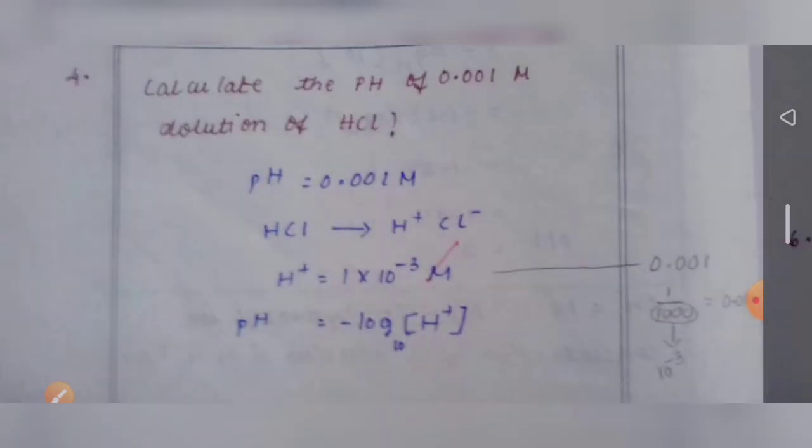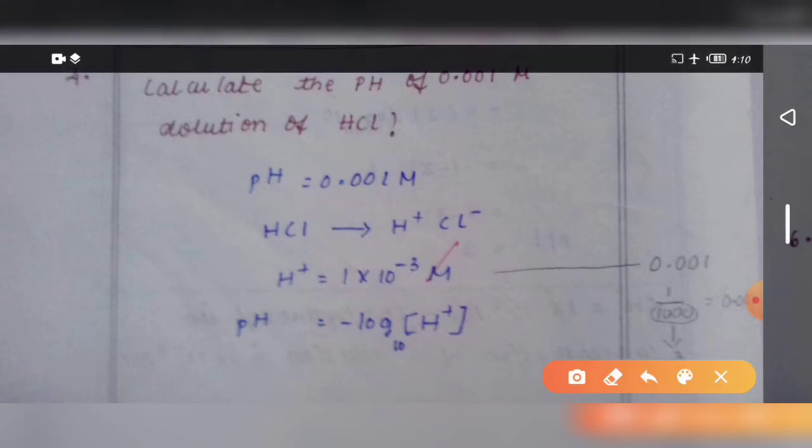Okay, next calculate the pH of 0.001. First of all, you have to change this value into 10 power. So it will be converted into 10 to the power of minus 3. Next they were given HCl. HCl is converted into H plus and Cl minus.